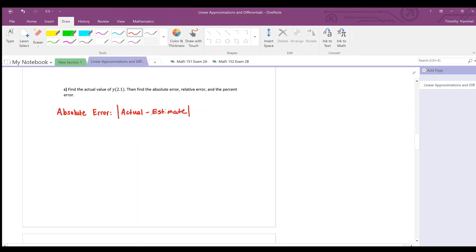And so what this looks like then is, well, we need to go and find the actual value of y of 2.1. So if we maybe did that over here on the side, y of 2.1, well then we'd have 3 times 2.1 squared minus 2.1, which is going to give us 11.13. So we're going to have 11.13 minus the estimate, which was 11.1.